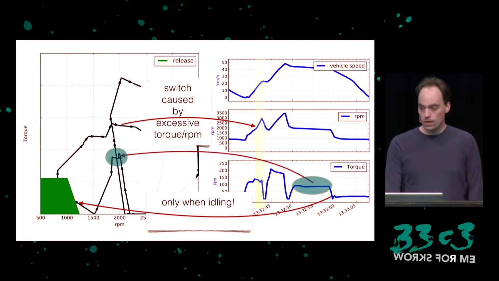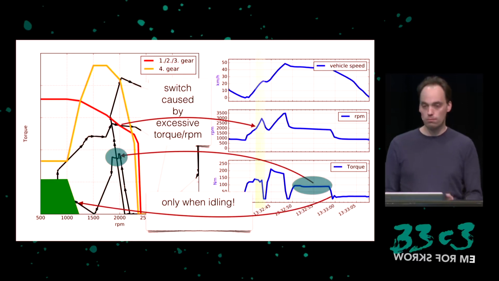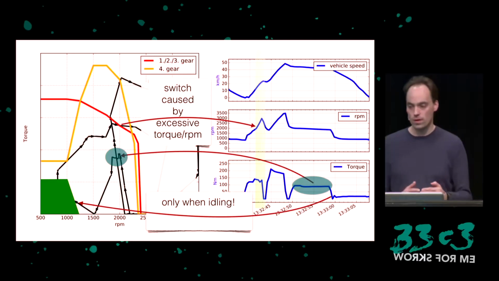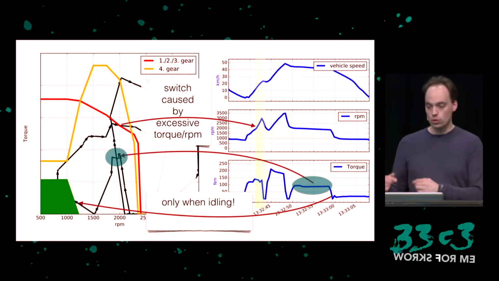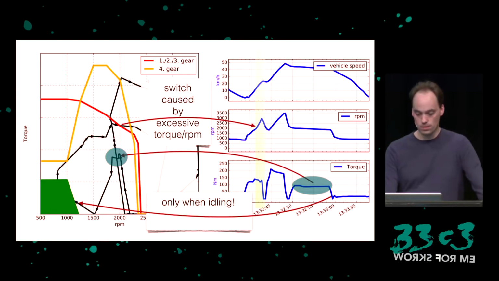So especially this long sequence where the car was driving at the same speed, we were technically within the load limit. We were not exceeding the load limit, but because we previously exceeded the load limit, and it doesn't matter for how long you exceeded it, and we did not go to the green area before, we were still in this low EGR, high emission mode, even though we're still within the load limit imposed by the software.